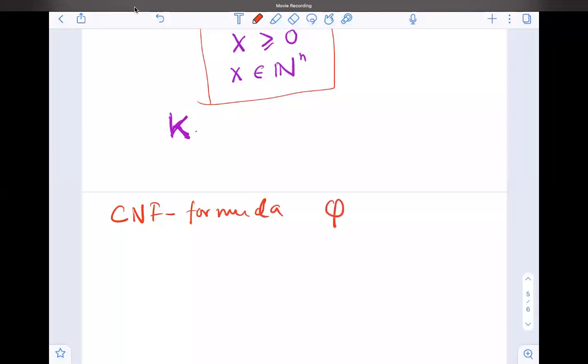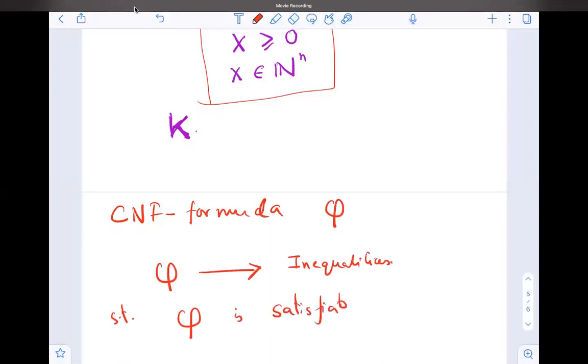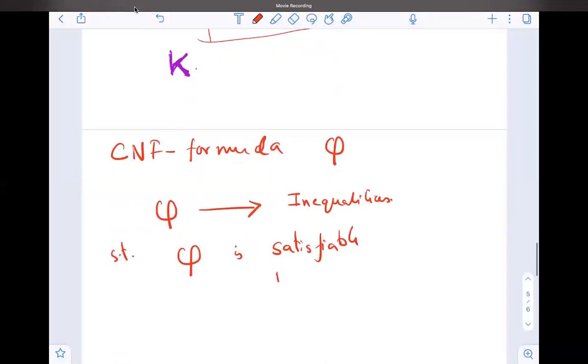So my job is to map CNF to a set of inequalities such that the formula is satisfiable if and only if the inequalities are satisfiable.